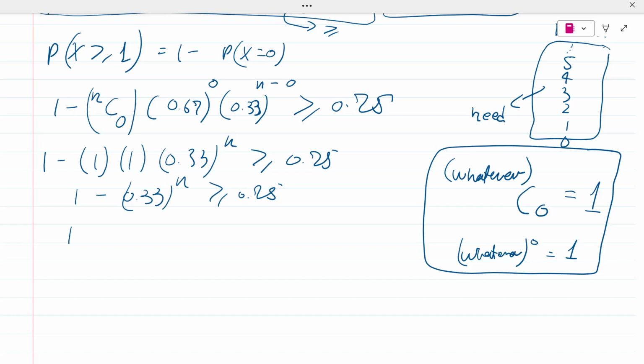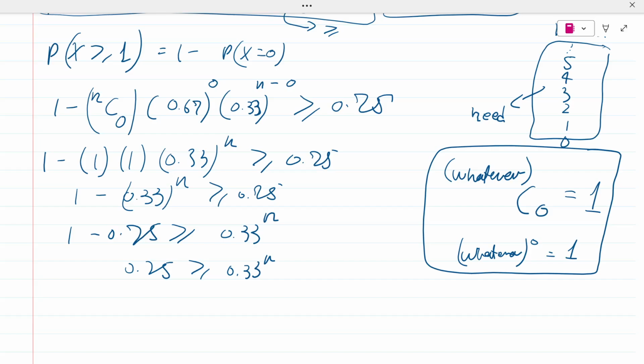So you can do this. That's now some simple equation solving. 1 minus 0.75 greater than or equal to 0.33^n, right? And that is going to give you 0.25 greater than or equal to 0.33^n, right?